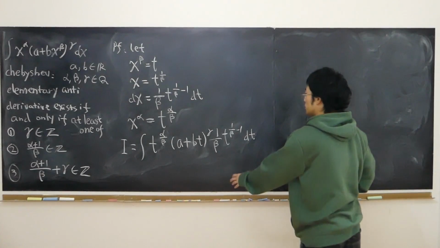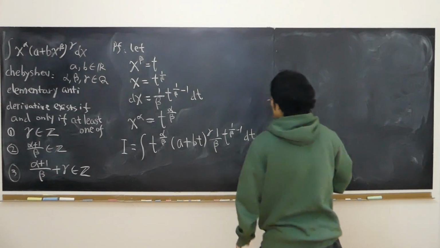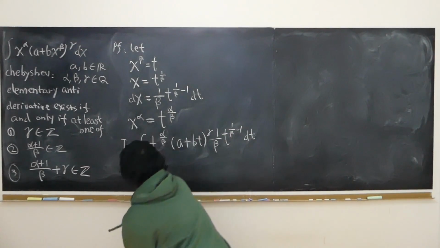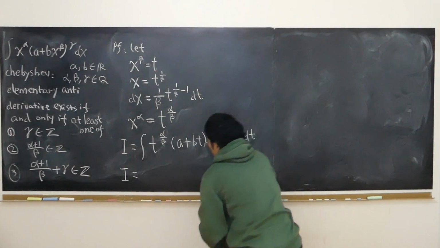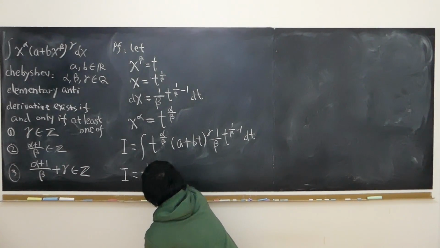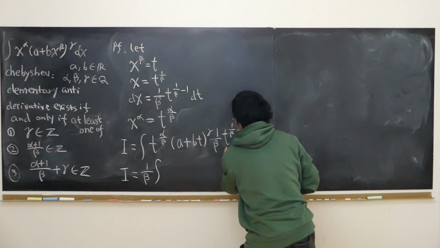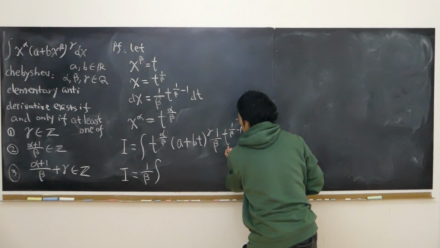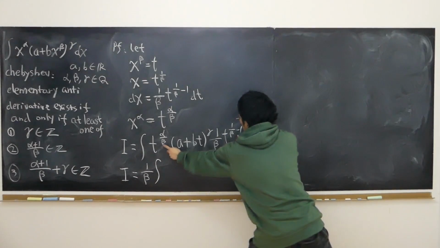And now let's simplify this. So we're going to continue to write I down here. Just take out this coefficient 1 over beta. Integral, combine this term and this term. So just add up the index, this index and that index.